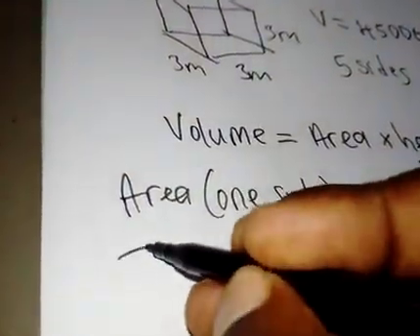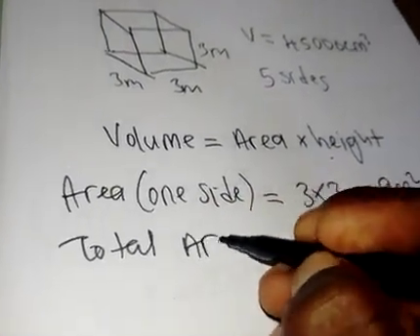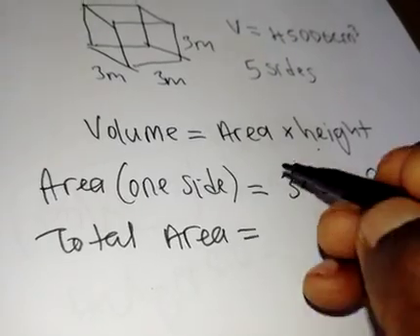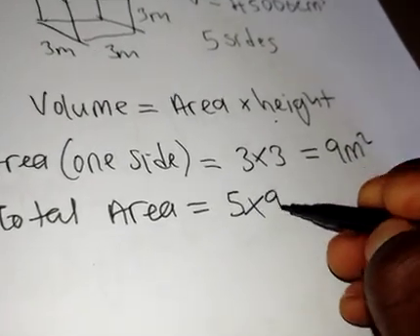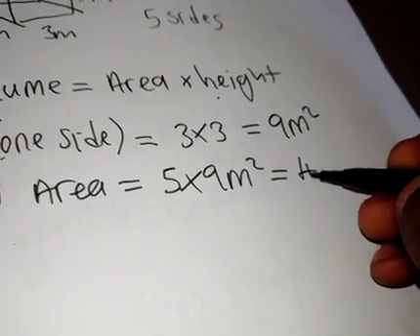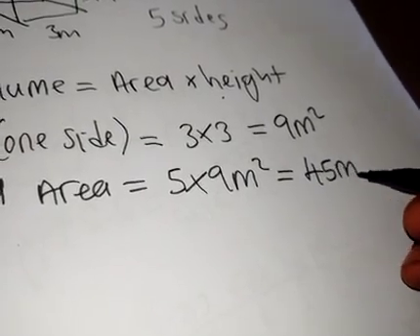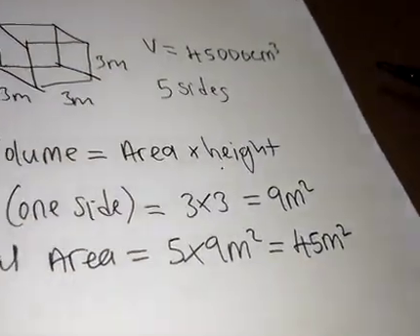Then for 5 sides, the total area will be equal to what? Of course 5 multiplied by 9. And this is giving us what? 45 square meters, like that.